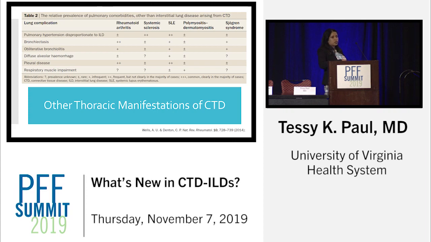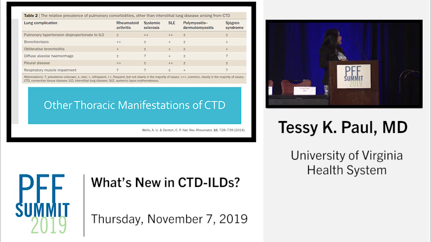It's also important, as I said, with CTD-ILD, other than looking at these parenchymal findings, that there are several other thoracic manifestations that can be seen in these patients, which again should clue you into the patient having an underlying CTD if it's not already diagnosed.